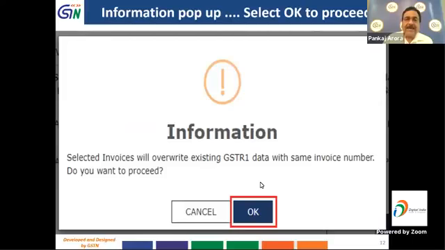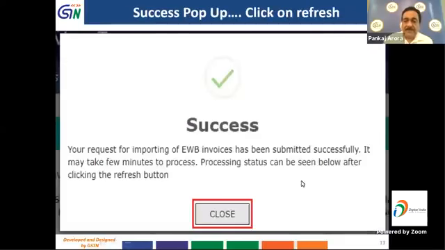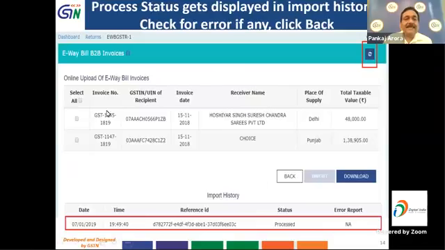If you click OK, the success message comes up on your screen, and your request for importing e-waybill invoices has been submitted successfully. Sometimes it may take a few minutes to process, and the processing status can be seen below after clicking the refresh button. Once you close this, you can see that the process status gets displayed in the import history.